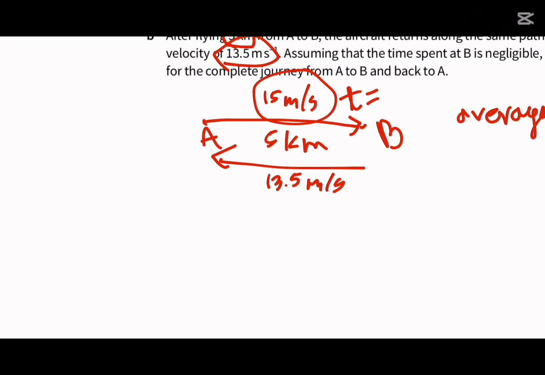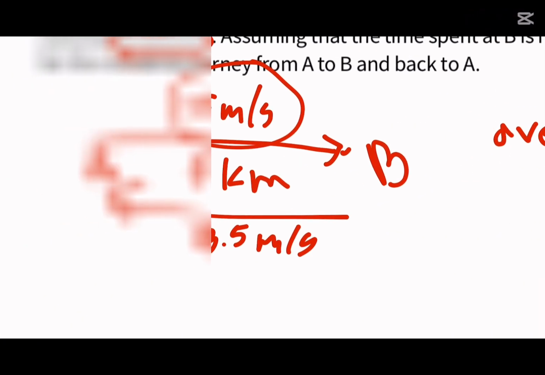Then let's see, so 5 over 15, which is 1 over 3. Oh wait, this is meters per second. Okay, I can't do that because the units are different. So I have to turn 5 kilometers into 5,000 meters.